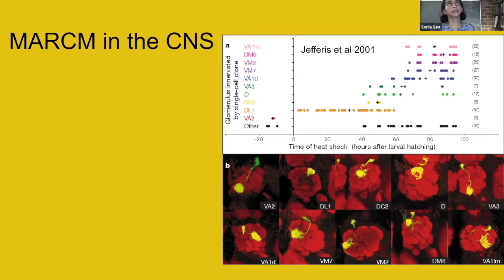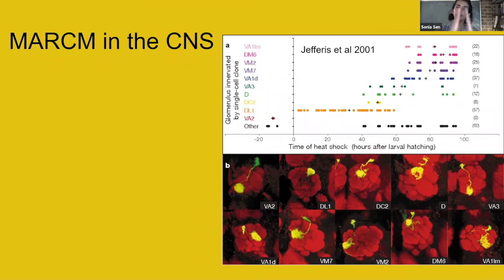Okay, you're asking. So the clone surviving is not a matter of how long you give the heat shock. The animal surviving is usually what the problem is. And ideally, you don't want to give too long heat shocks. You want to refine it such that you have small events. The longer your heat shock, the recombination event will occur in anything that's dividing.